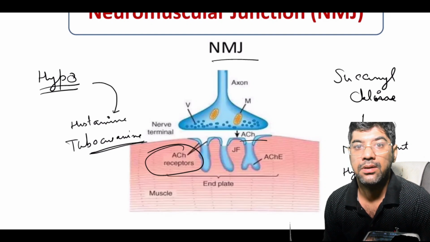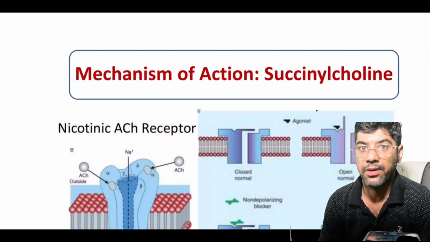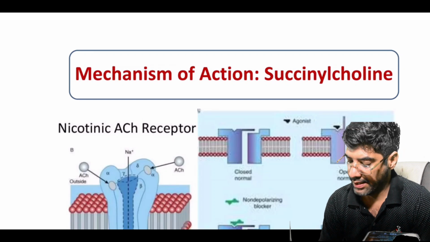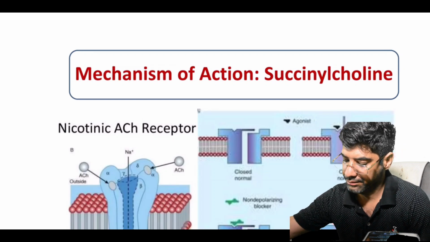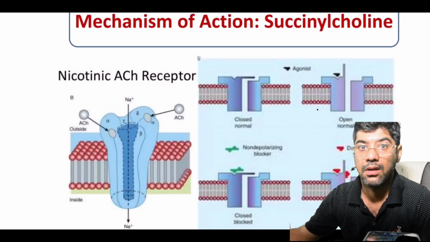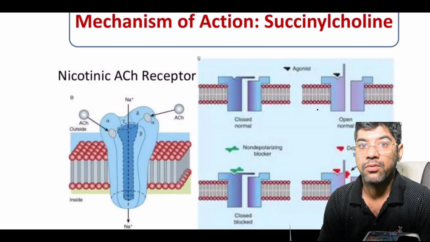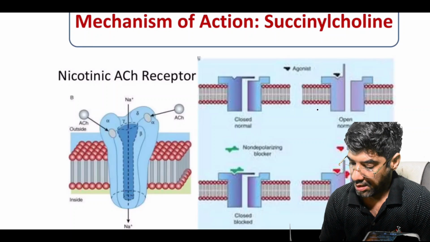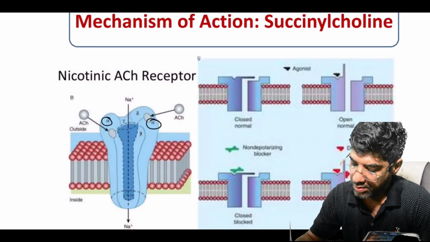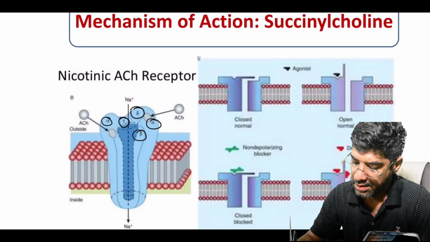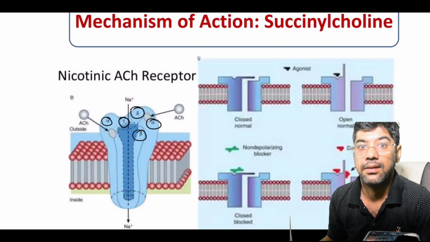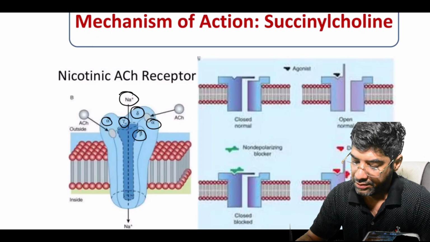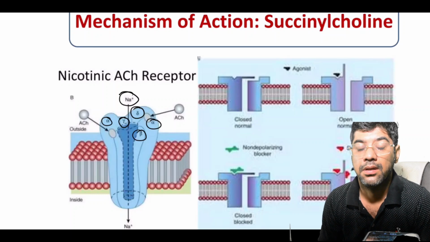Now, the competitive blockers bind to nicotinic cholinergic receptors at the muscle end plate, preventing acetylcholine from binding. The neuromuscular receptor is a protein composed of 5 subunits: alpha 2, beta, gamma, and delta, that surround a sodium channel.